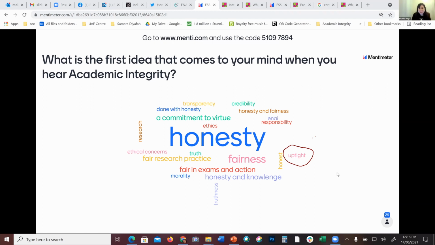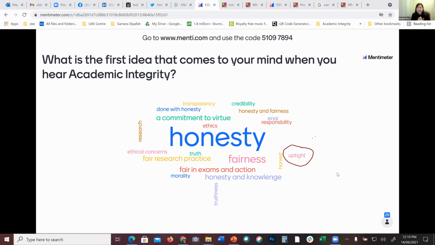Well, I chose honesty because looking into the definition of the word, we found meanings such as being sincere, truthful. So in the intersection between these two words, academic and integrity, it's the sense of people who are transparent with the work they do, with the efforts they put into the work they develop.